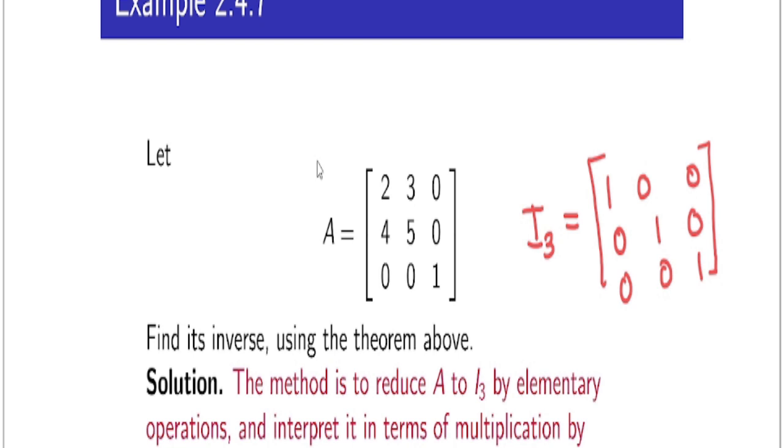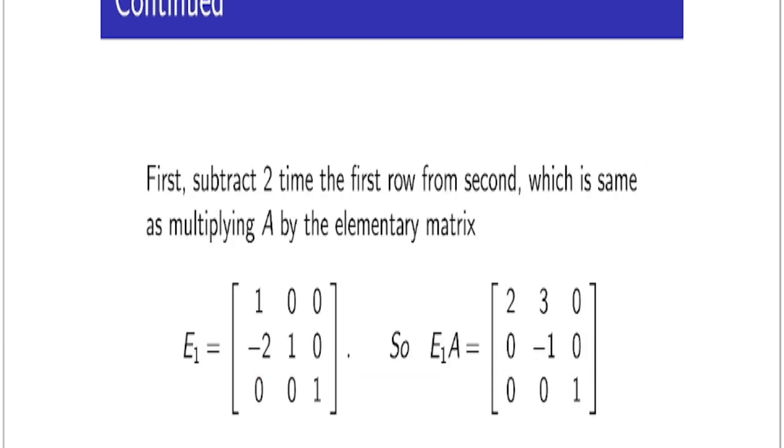First subtract 2 times the first row from the second. That is the operation R2 minus 2R1.